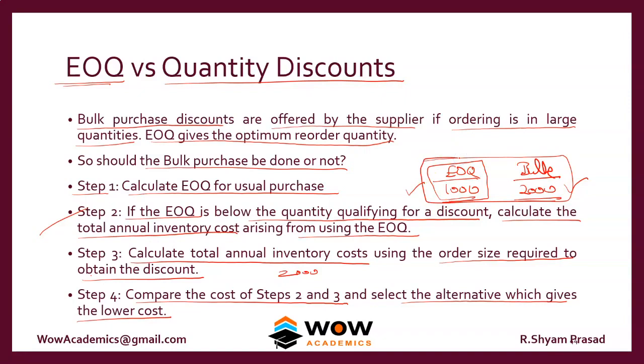If the EOQ is less than the bulk quantity, then you do steps 3 and 4. You calculate the cost of holding inventory and ordering for the EOQ of 1000 units. You do the same for the bulk discount of 2000 units. Whichever is lower, you choose among step 2 and 3. So that's about EOQ versus quantity discounts.